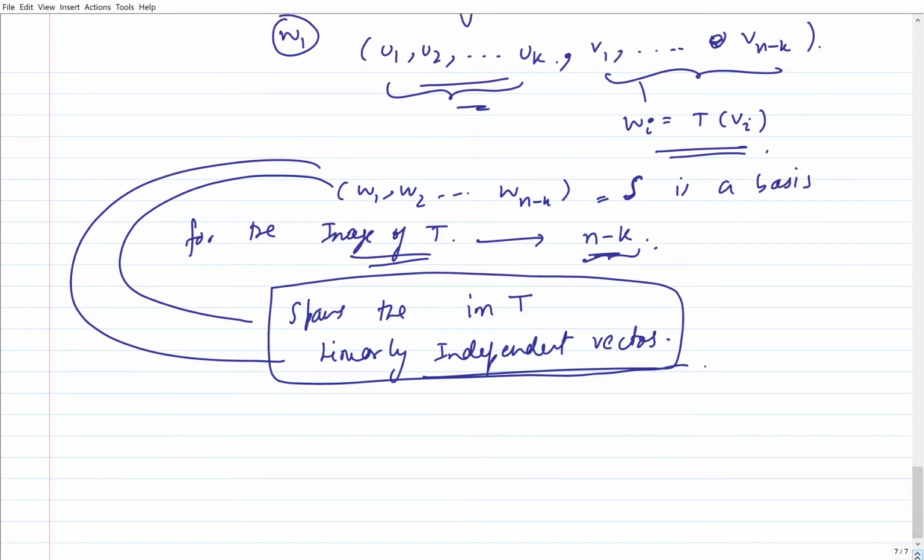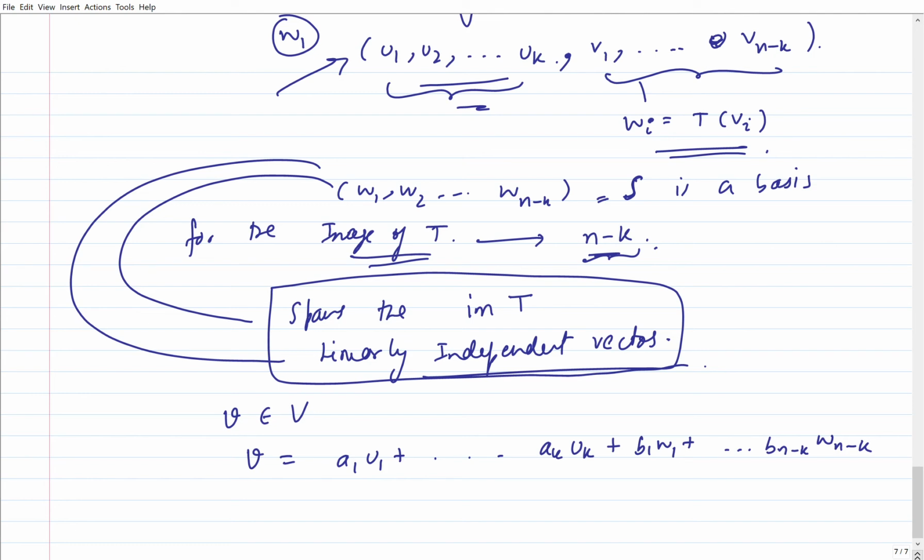How are you going to show that these guys span the space? Well, you can write any vector v in terms of this basis. So I'll write v as some a1 u1 up to ak uk plus b1 v1 up to b n minus k v n minus k.